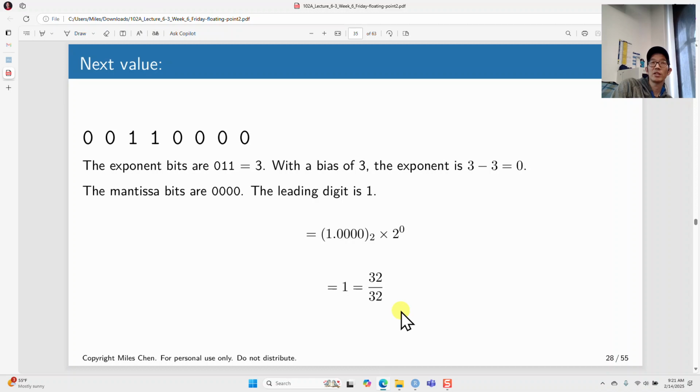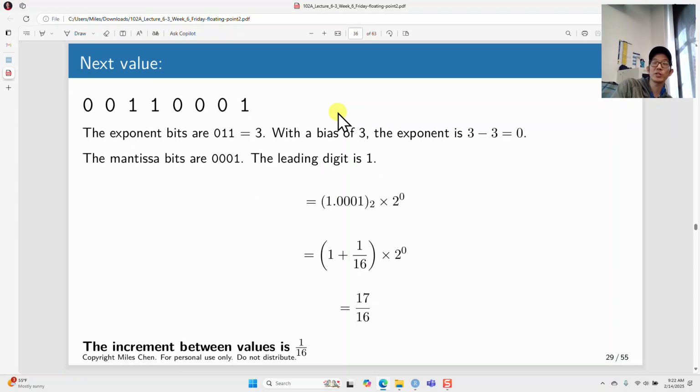If I add a 1 here, what is the next number going to be? It's going to be 1 plus 1/16. Here, my exponent bits are 3 with a bias of 3, so my exponent is 0.